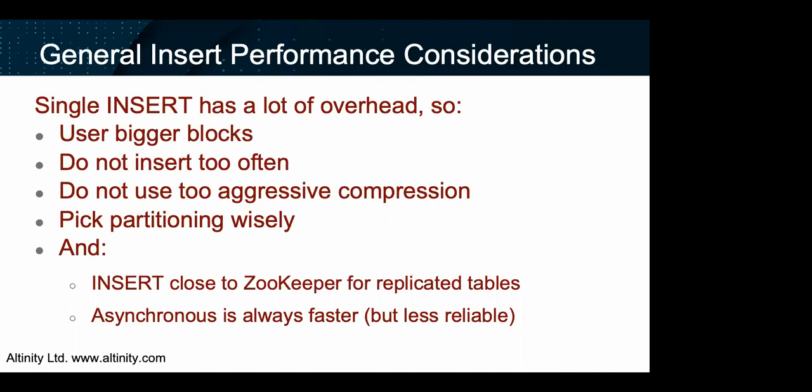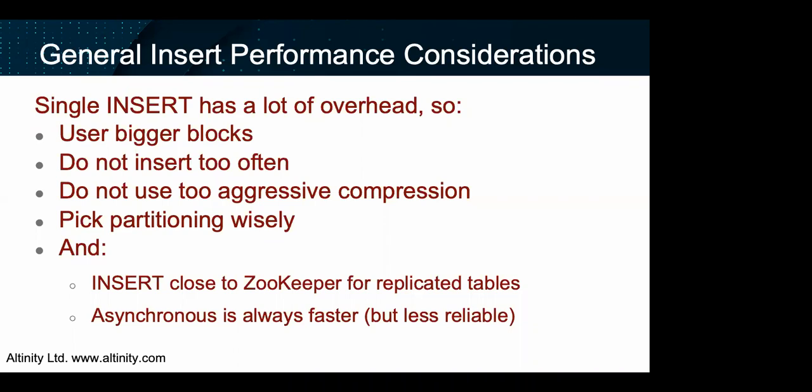Another important consideration is compression. Sometimes users, in order to save on disk space, may want to enable very aggressive compression. ClickHouse supports ZSTD up to level 22, and you can certainly do it, but after that, you might be quite confused by decreased insert performance.